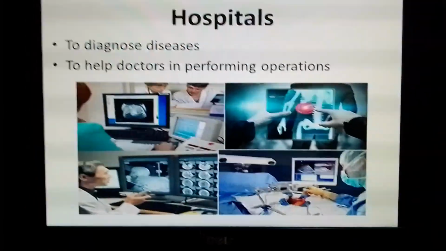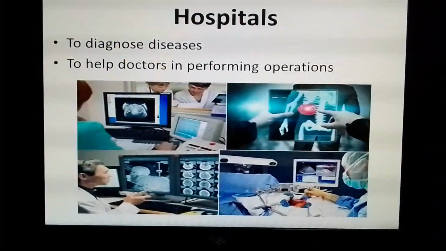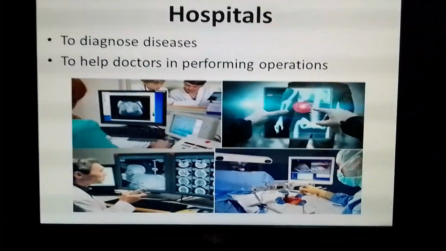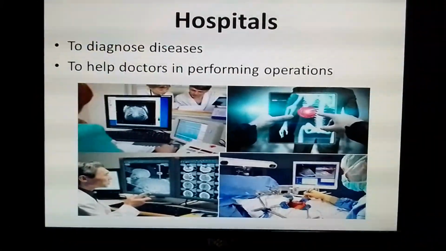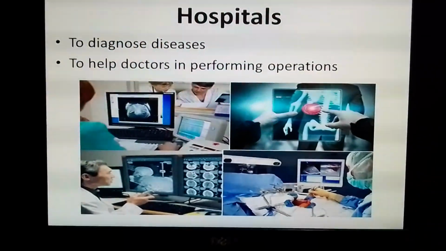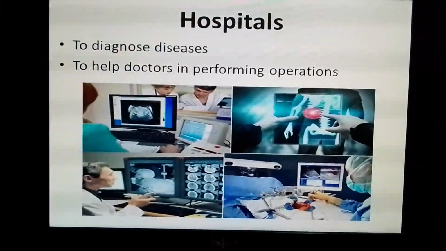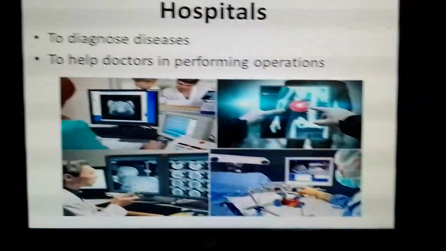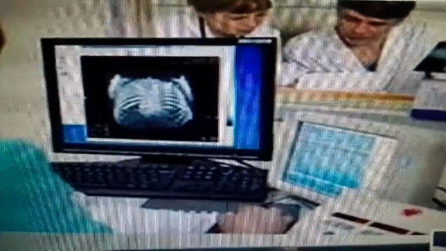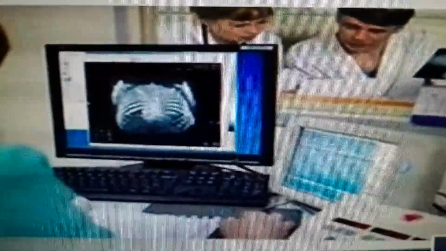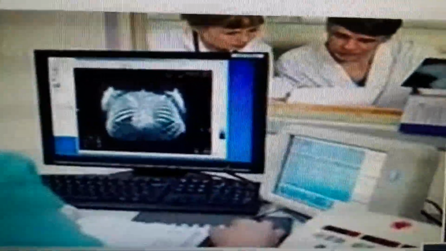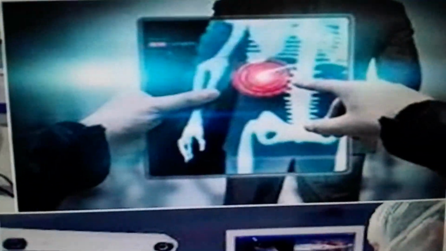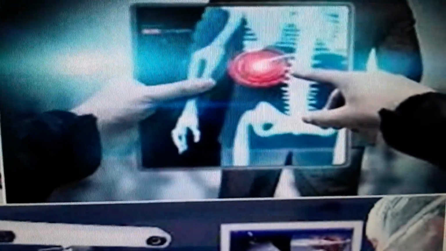With the use of some applications, they may examine the internal organs of a person's body, so they can diagnose diseases based on that. See, on computers, doctors are reading some of the scans. Here also, there is something bone related.